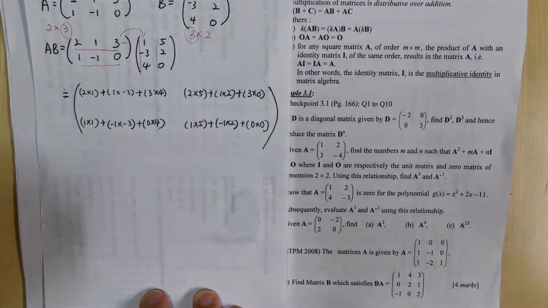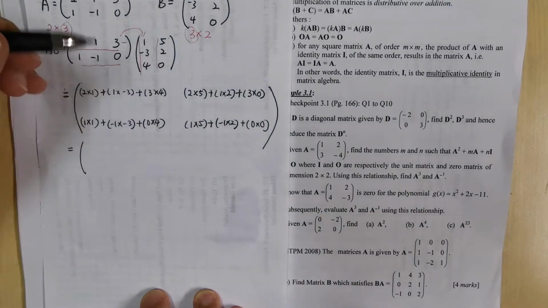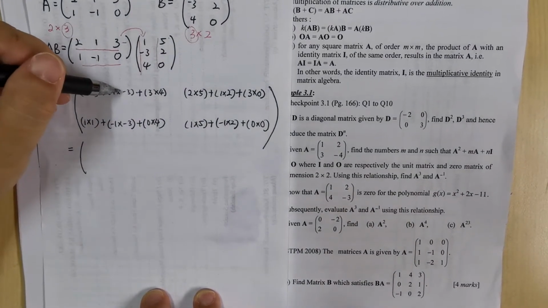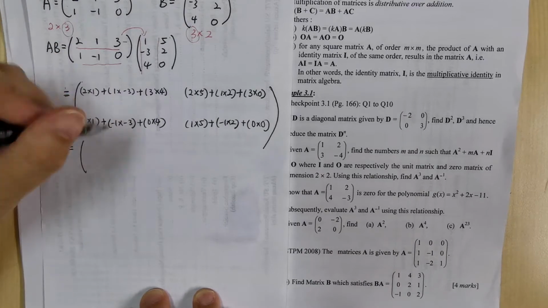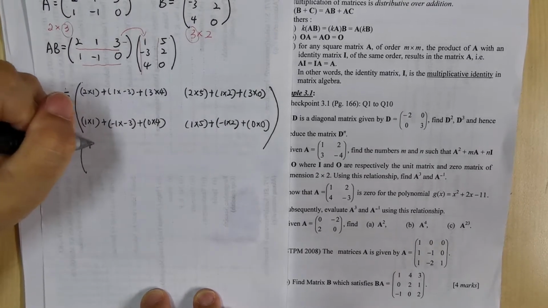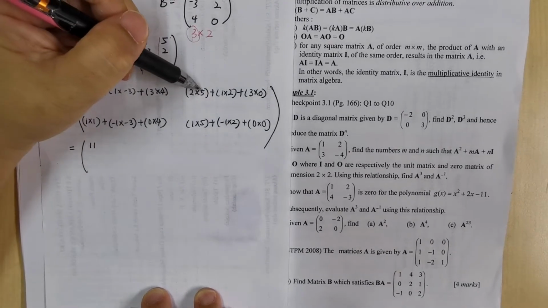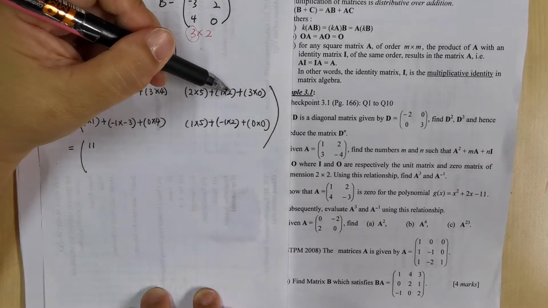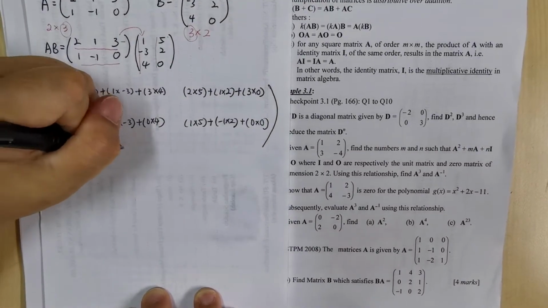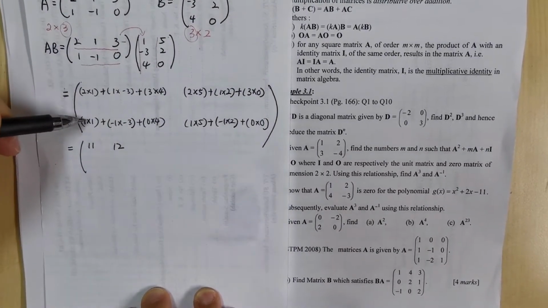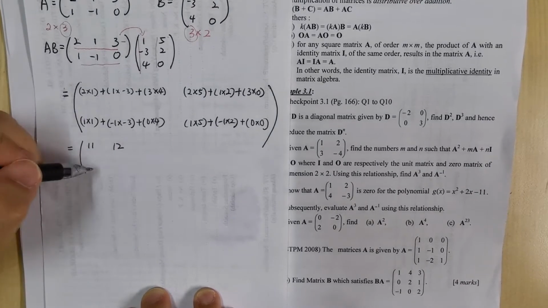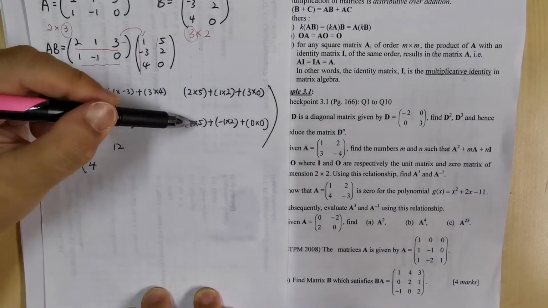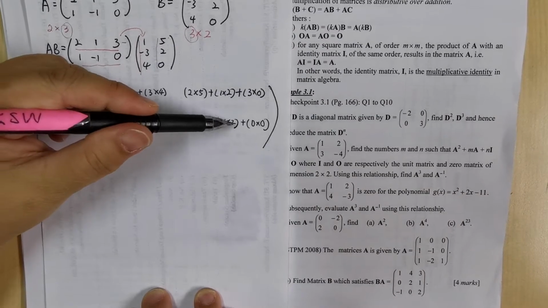Then you calculate. 2 minus 3 is negative 1, negative 1 plus 12 is 11. This one, 10 plus 2 is 12, plus 0. Then 1 plus 3 is 4. 5 minus 2 is 3.